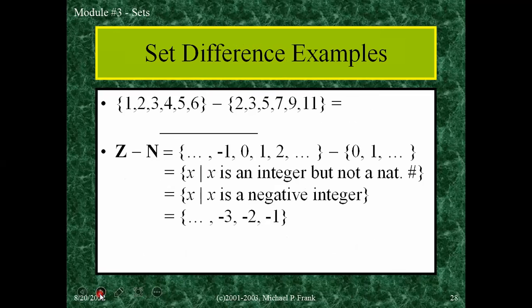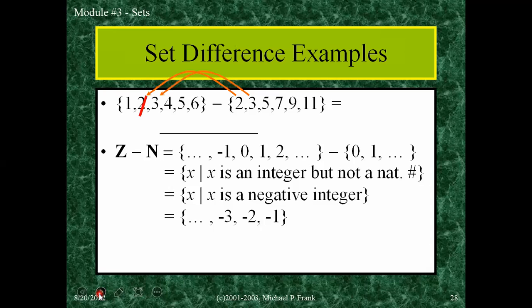Suppose for set operation in set difference, {1, 2, 3, 4, 5, 6} difference {2, 3, 5, 7, 9, 11}. So what will be the result here? Actually, that means you have to delete the elements of the second set from the first set. So 2 and 2 are the same, so 2 will be deleted from the first set.